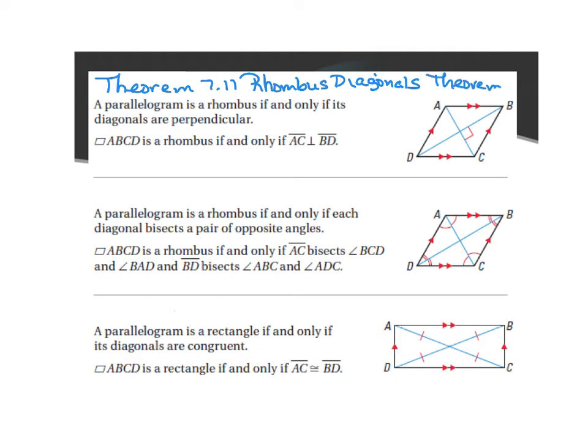This one states that a parallelogram is a rhombus if and only if its diagonals are perpendicular. Then the next one for the rhombus, this is Theorem 7.12, and this one is the rhombus opposite angles theorem.